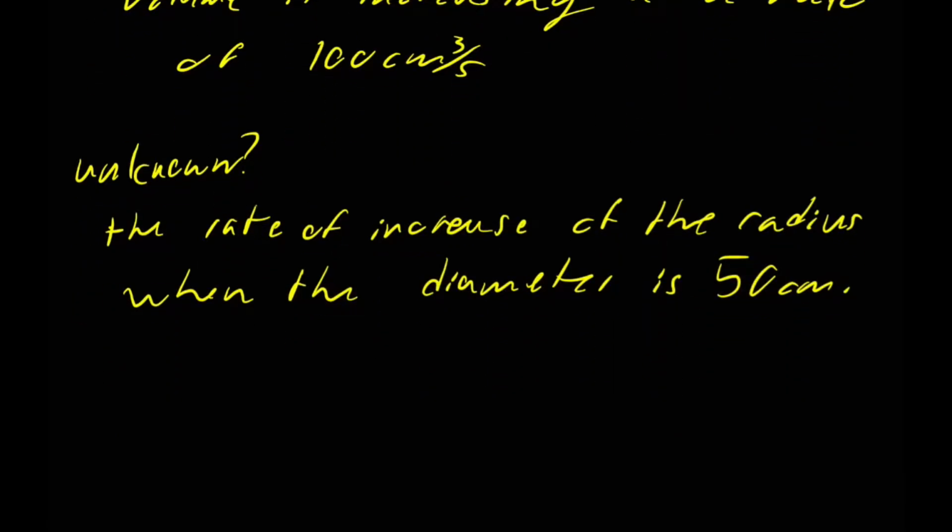So what would be the next logical step? Well, if we're going to be working with these bits of volume and diameter and radius, the next step is to get some general notation.